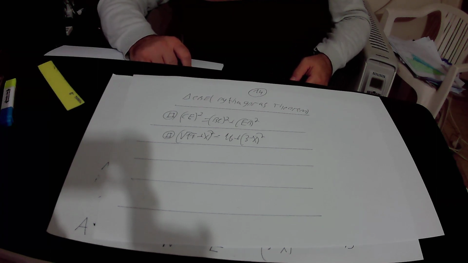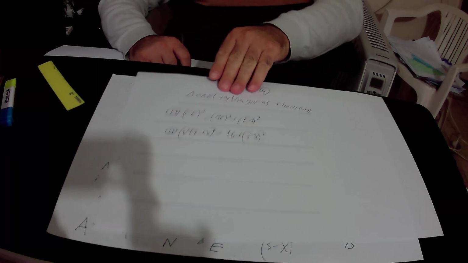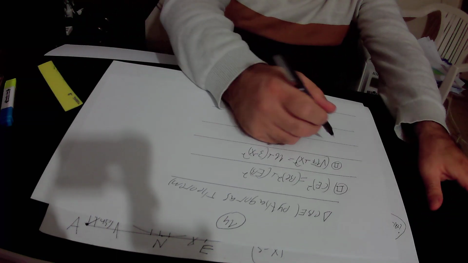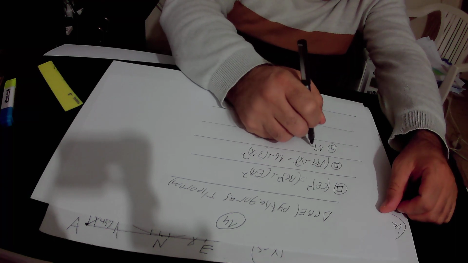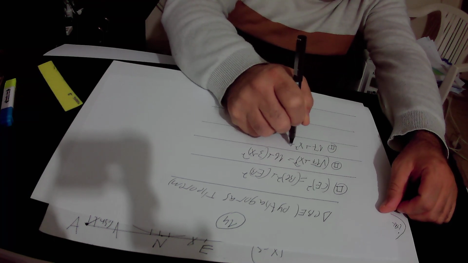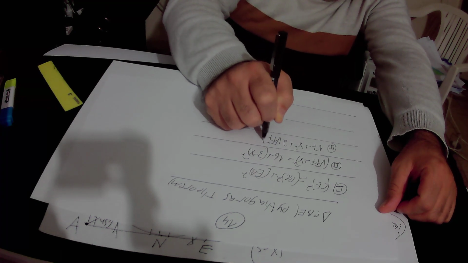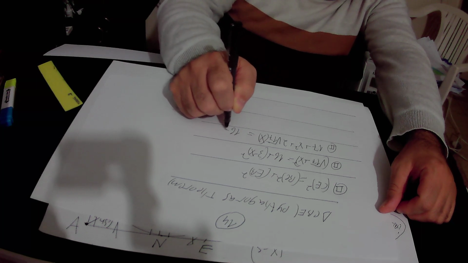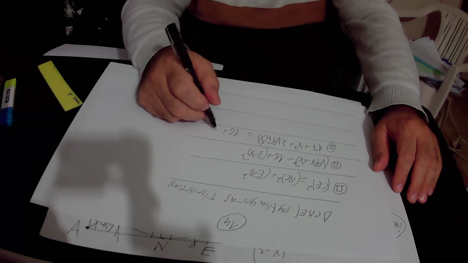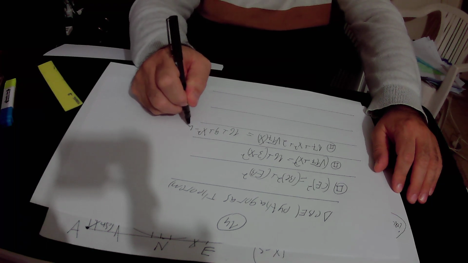Here we will open the brackets on both sides of equation number 2, and we will get that (square root of 17 plus x) squared equals 17 plus x squared plus 2 times square root of 17 x, and it equals 16 plus (3 minus x) squared, which is 9 plus x squared minus 6x.